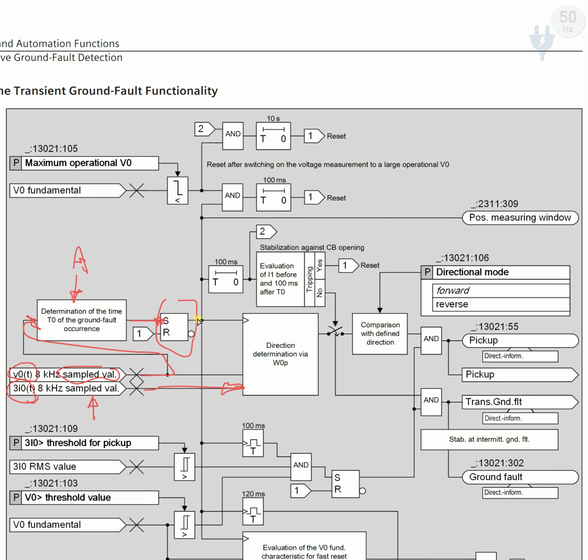Then the signal is supplied to the direction determination block and also to another portion. Where this signal goes and what happens in these blocks, we will discuss in the next sessions.